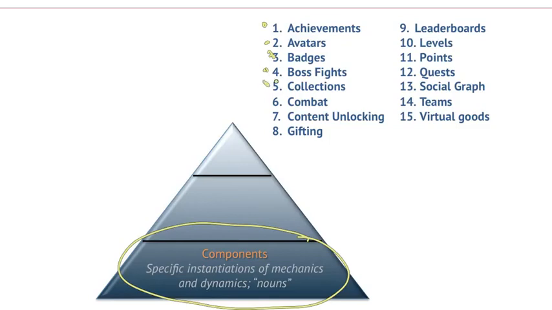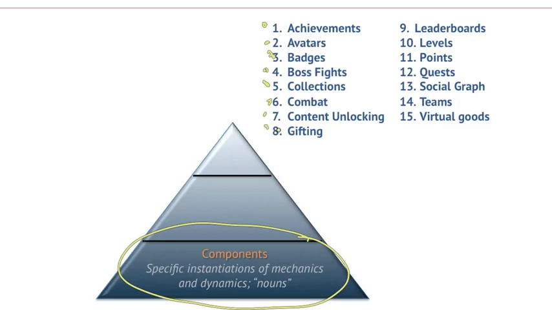Collections is pulling together a bunch of different things, assembling certain pieces or certain examples of something. You have to get a whole bunch of spells together, or you have to get a whole bunch of badges together to fill up a cabinet that you get in the game. Combat is probably familiar. Content unlocking means you need to do something, maybe an achievement, maybe some leveling up, in order to get access to certain new content in the game.